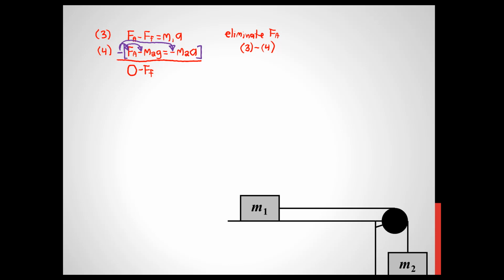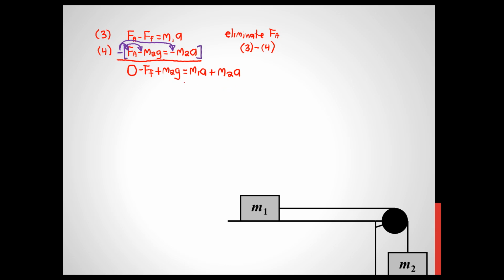A negative times a negative is a positive, so that would be plus M2 times G. Now on the top, again, you can subtract in a vertical fashion. You have to subtract like terms that are on the same side of the equal sign. So you'd have M1A, now subtract negative M2A. Again, a negative times a negative is a positive, so you'd have positive M2A.